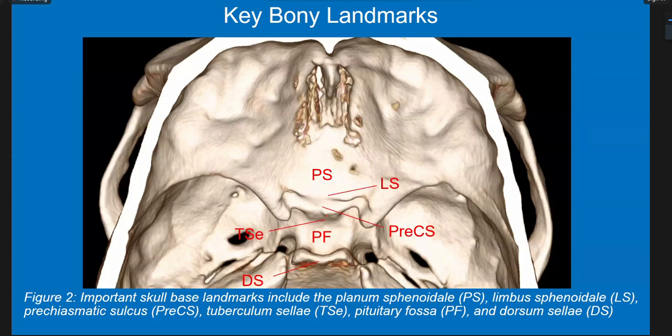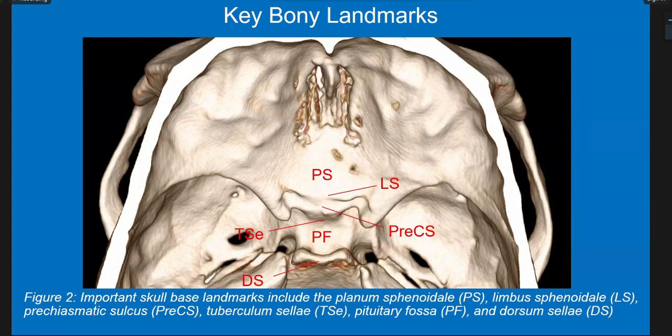You have the anterior margin of the cella, that's the tuberculum cella. The posterior portion is the dorsum, and you have the pituitary fossa. And there are other structures that are obvious to some of you. This is the foramen lacerum, and you have the ovale and the spinosum.